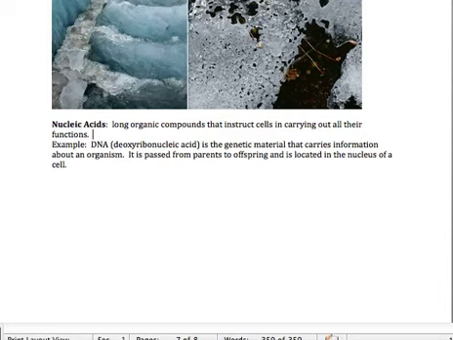I forgot to mention that nucleic acids are composed of carbon, hydrogen, oxygen. So again, just like lipids and carbohydrates and proteins, nucleic acids also contain carbon, hydrogen, and oxygen. Like proteins, nucleic acids also include nitrogen.